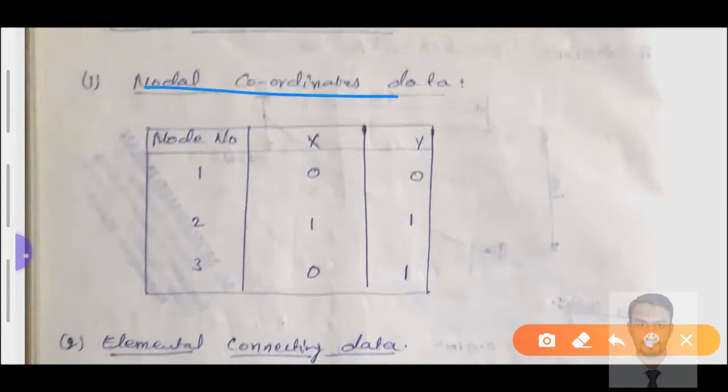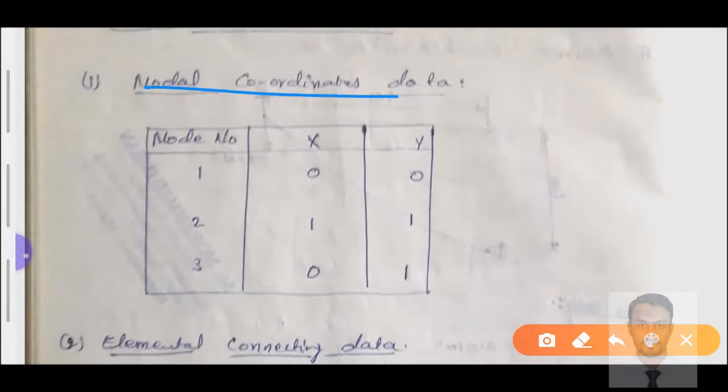The coordinate data is nothing but the positions of the nodes in a global coordinate system with respect to the origin, towards the x and y axis directions.